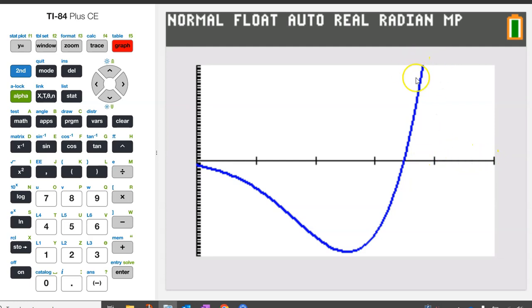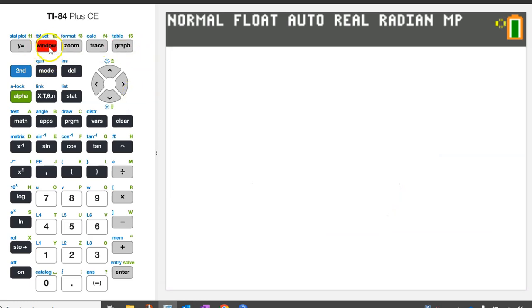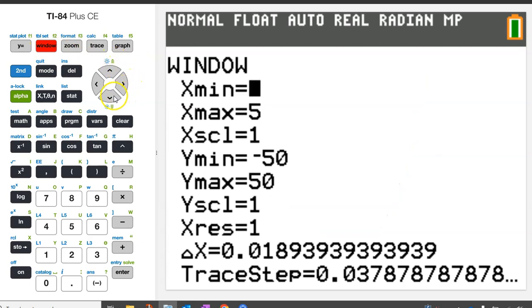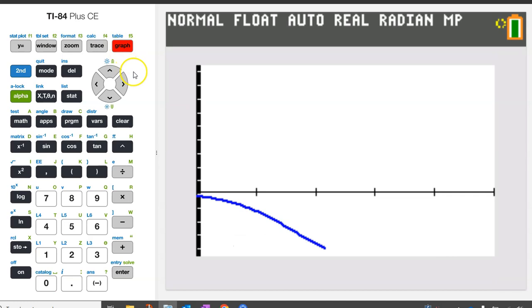Okay, I feel like I need to see even more over here. I'm going to keep going until I see it go all the way to the end. So I'm going to change that y max again. Let's go for 100. Sometimes you got to play around with it a little bit. Okay, you know what?